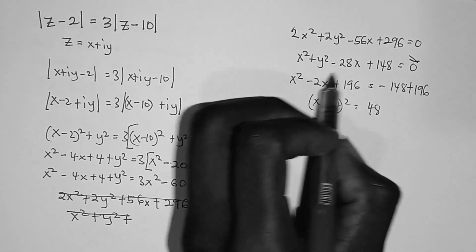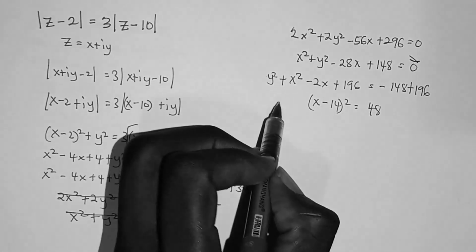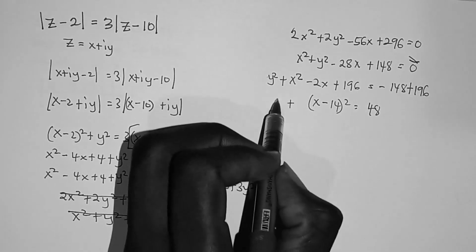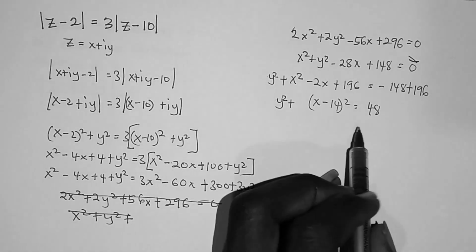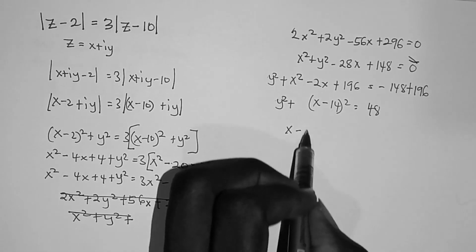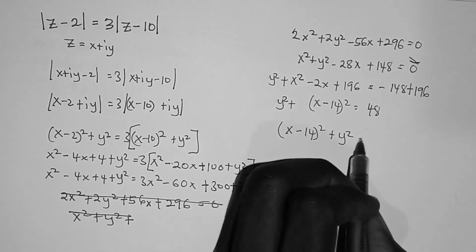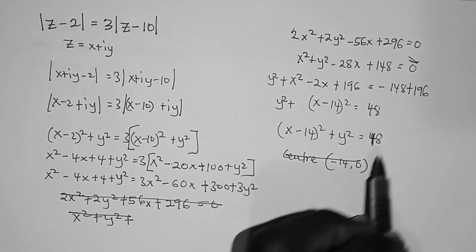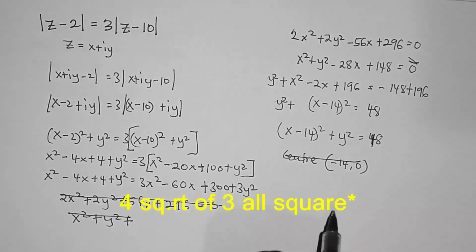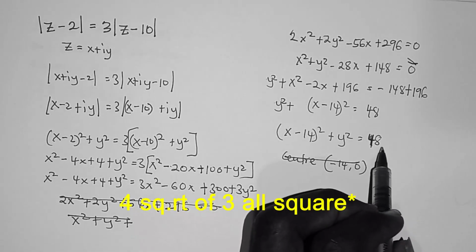Sorry, I forgot to add y squared here. So let me add the y squared. Let me rewrite this as (x minus 14) all squared plus y squared equals 48. But we need to express this as r squared, and therefore we need to find the square root of 48, and the square root of 48 is 4 root 3.